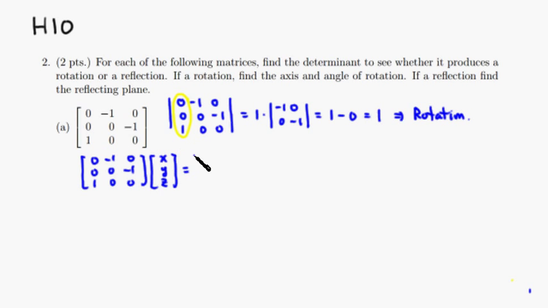If you multiply together, this times that gives you negative y, this times that gives you negative z, and this times that gives us x. Since we want the fixed point, we set that equal to x, y, z.